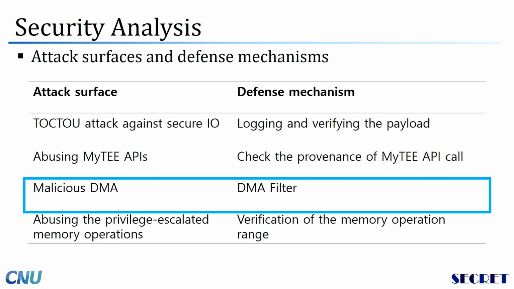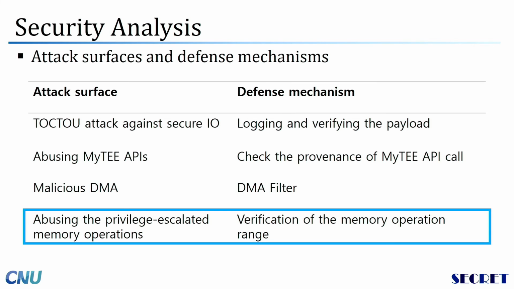To secure DMA, we verify and emulate any MMIO that aims to configure the DMA controller. Finally, the privileged escalated memory operations can be abused to corrupt the protected region. To prevent this, we verify the source, target, and size of memory operations in the privileged escalated code block.